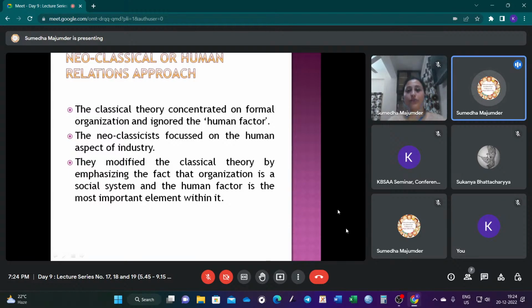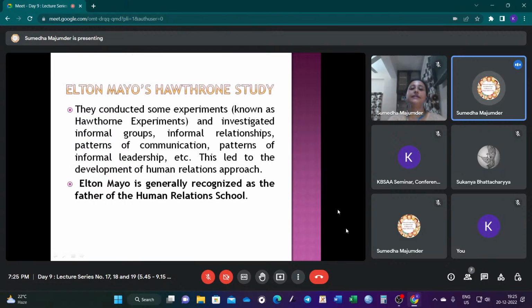And under the neoclassical approach, the first thing is that the human factor is the main emphasis. Elton Mayo developed this human relations approach through a study. The name of this study is also very important from our exam point of view, that is the Hawthorne study.